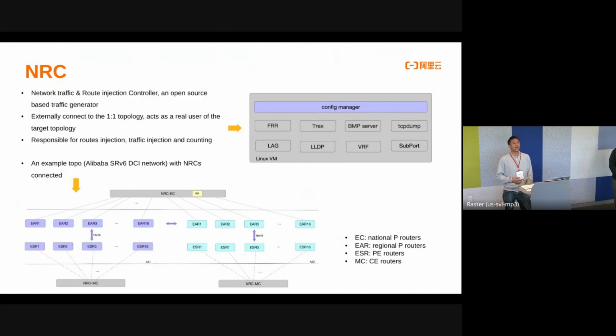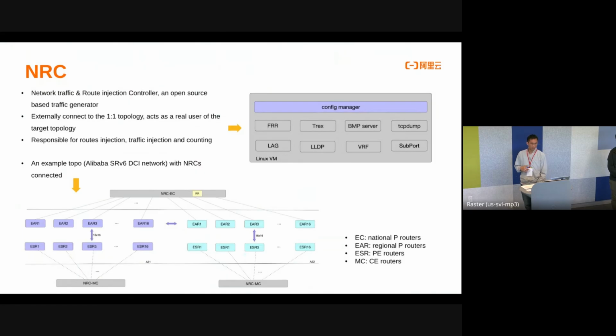Here is an example. In Alibaba's SRv6 DCI network, there are four types of devices: EC, our national P routers; ER, our regional P routers; ESR, our P routers; and MC, the CE routers. In this example, our target topology is all the ESRs and ERs of a region of Alibaba.